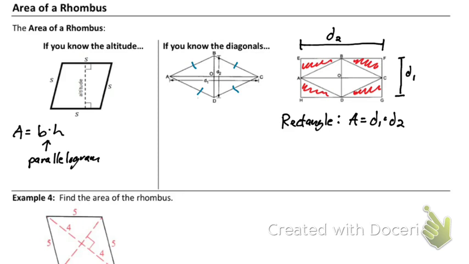Half of this small rectangle, half of this small rectangle, half of this small rectangle. So for our rhombus, it's going to be half the area of the rectangle. So area is going to equal half the rectangle, or half of diagonal 1 times diagonal 2.